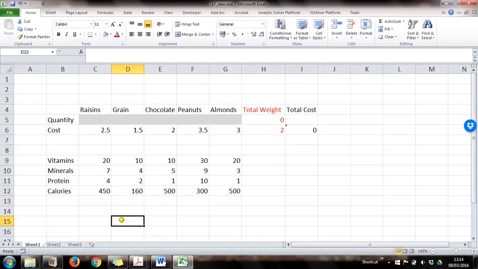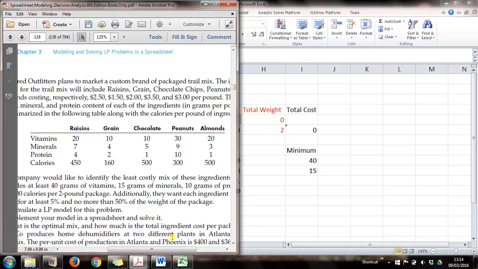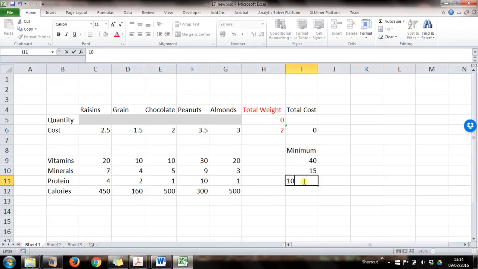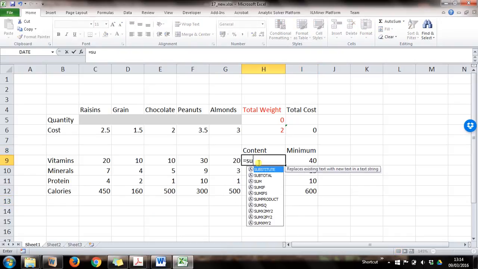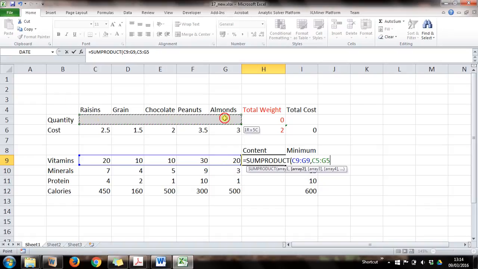Okay. Now the minimum amount of vitamins is 40, minerals is 15, and 10 grams of protein and 600 calories. Content equals the sum product of this, comma, this.